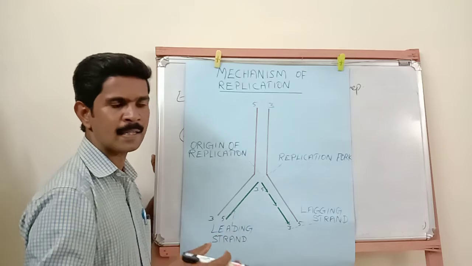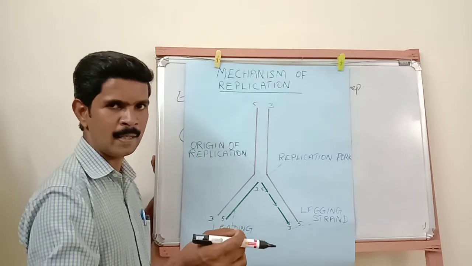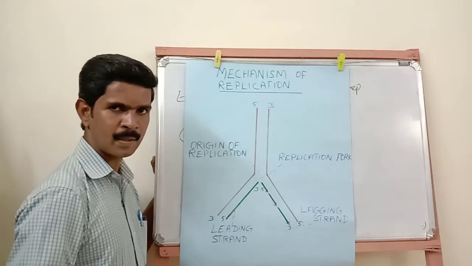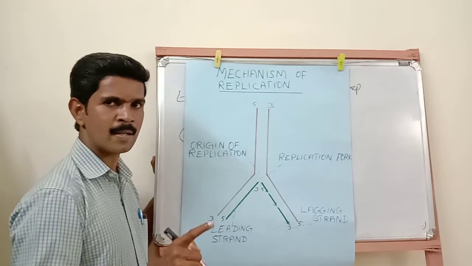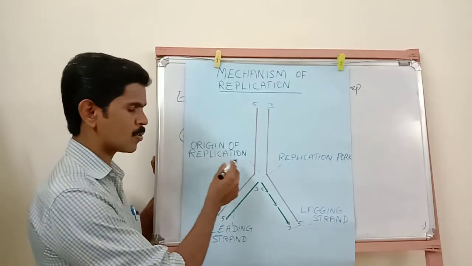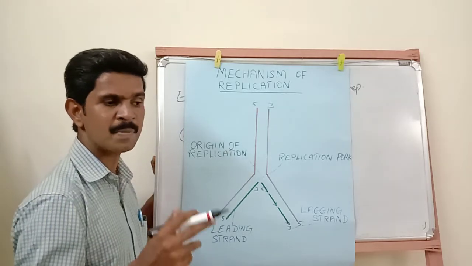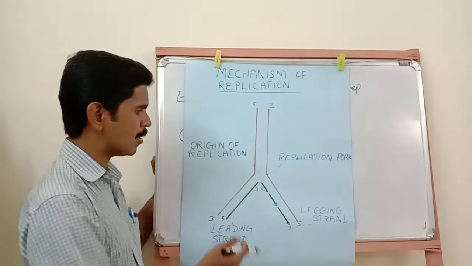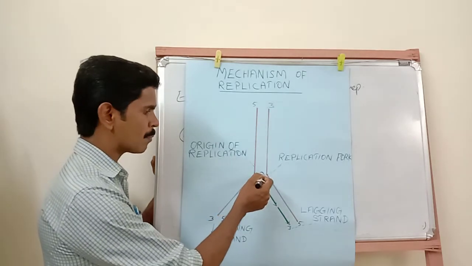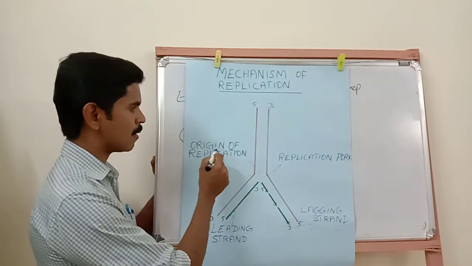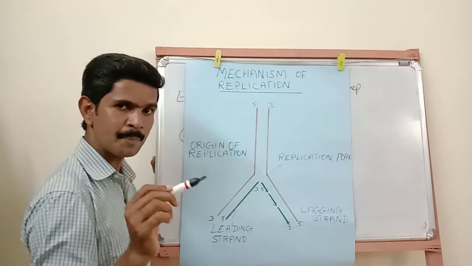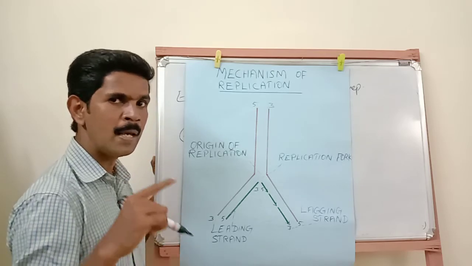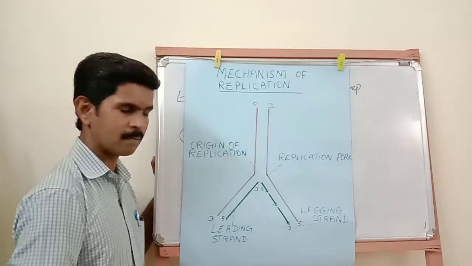The place where the replication process starts is called the origin of replication. In prokaryotic organisms, there is only one origin of replication, but in eukaryotic organisms, many origins of replication are there.